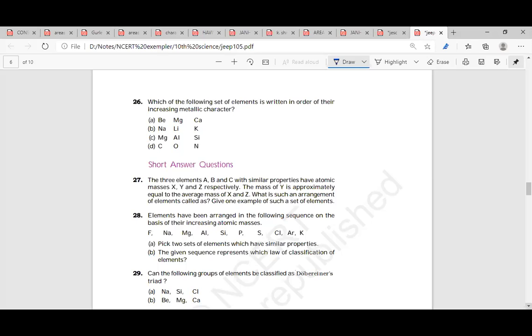First is sodium and potassium, and second is fluorine and chlorine.